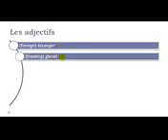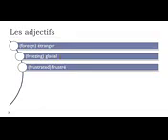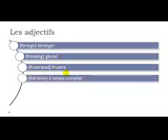Glacial. Frustré. À temps complet. A. Okay, so even if you've got an accent, it doesn't change the pronunciation of your A. Okay, so it's A. And then temps. Okay, so in that case, it's only the nasal here that you will hear. Temps. Okay, because the P is not pronounced and the S is not pronounced.